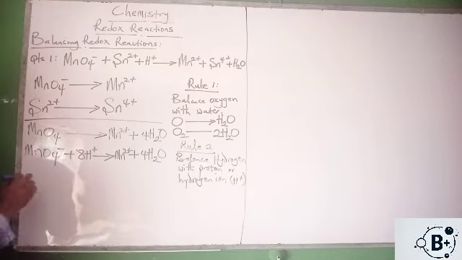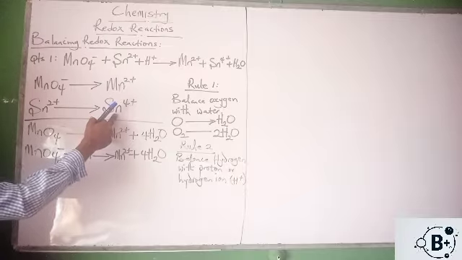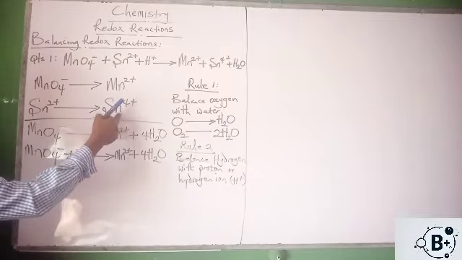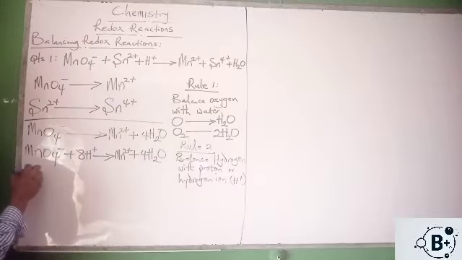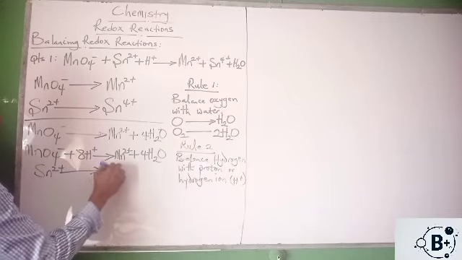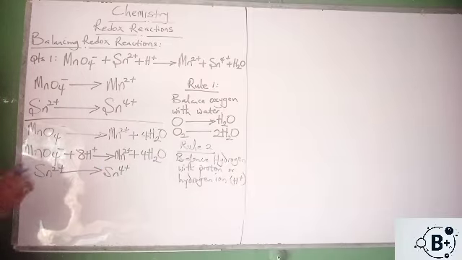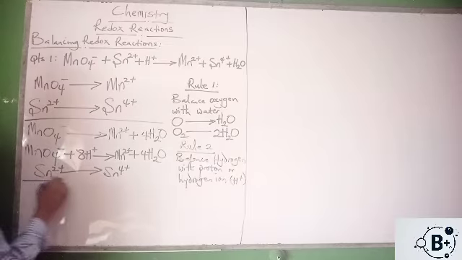The second half is tin. We have 1 atom of tin on the left hand side and 1 atom of tin on the right hand side, so nothing more to balance here. We just write Sn2+ to give Sn4+.